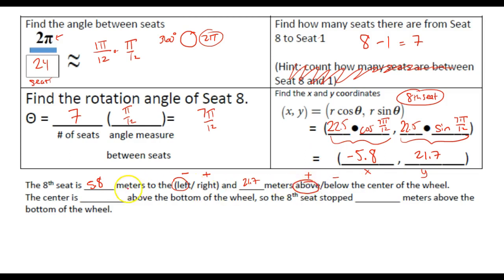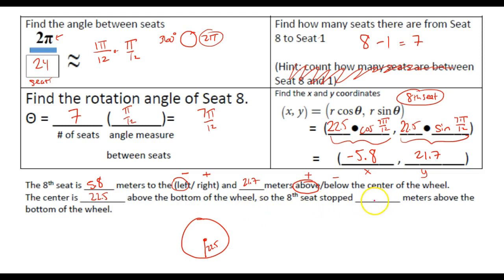Okay, so we answered the first question. Now it says the center is how many feet above the ground? Well, center's right in the middle. We said our radius was about 22.5, so it's got to be about 22.5 above the ground.